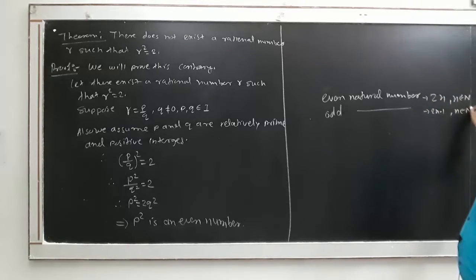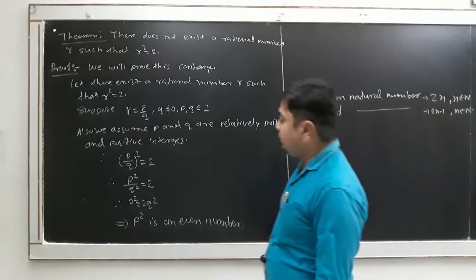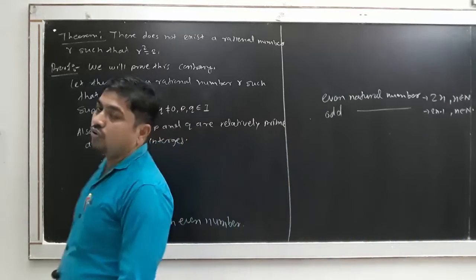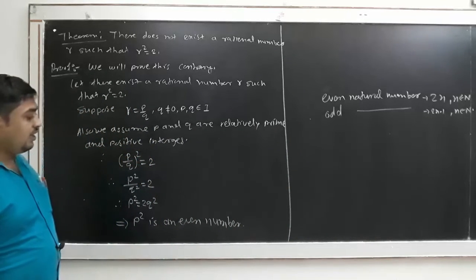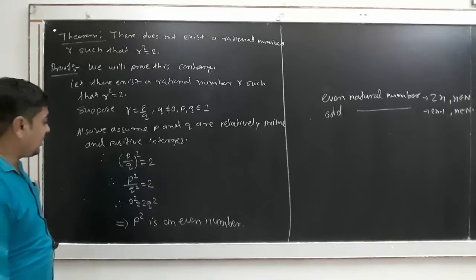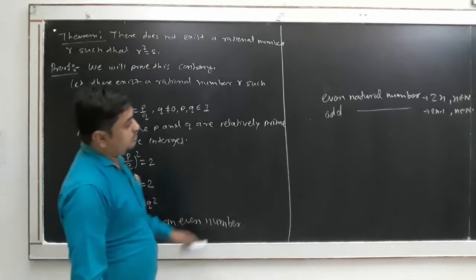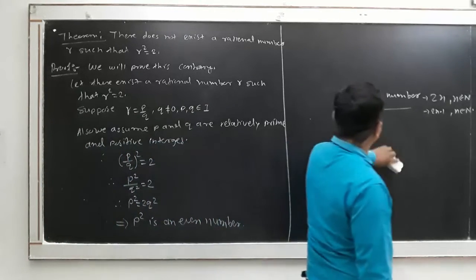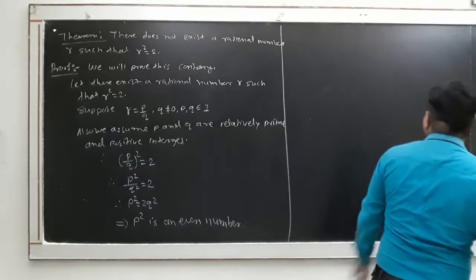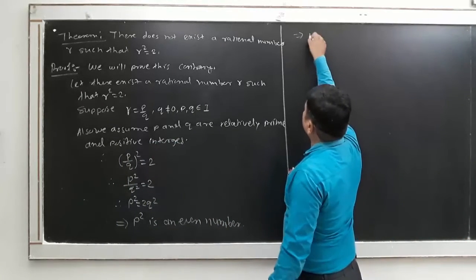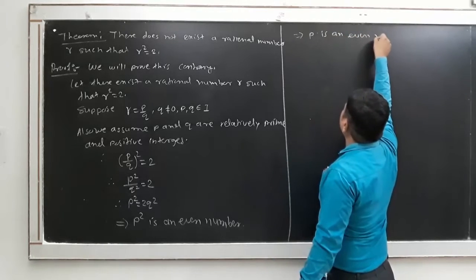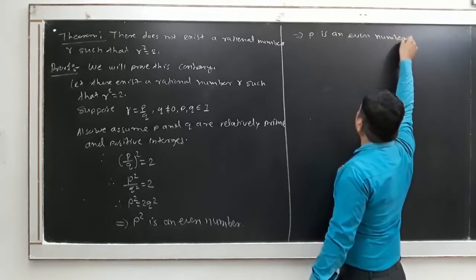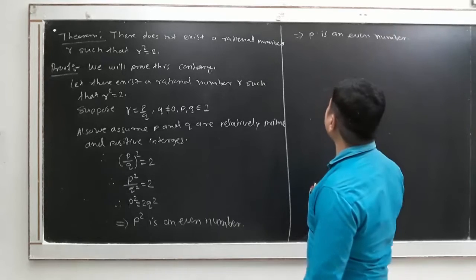So P square is in the form of 2Q square, therefore P square is an even number. This implies that P is an even number.